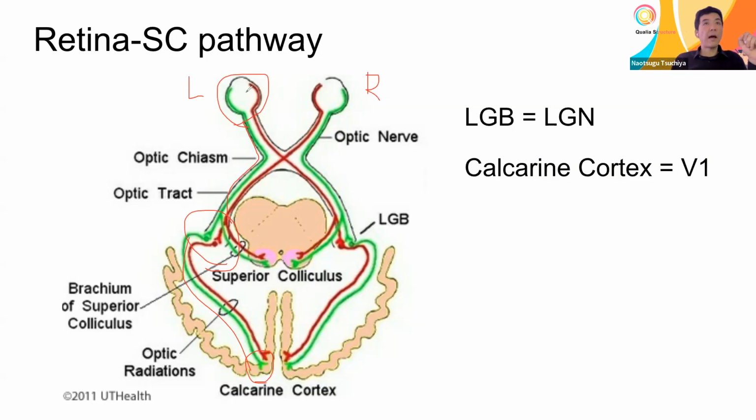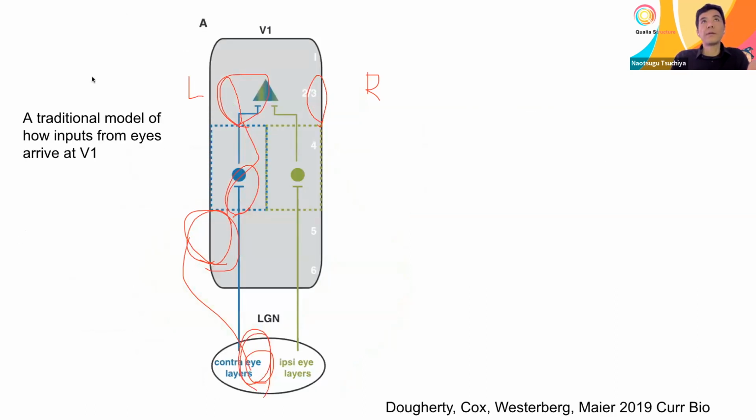This is a very important fact in the anatomy. So the input from the left eye and the right eye is segregated at the level of the thalamus, and also at the level of input of the visual cortex. And that results in the traditional view of the visual hierarchy.